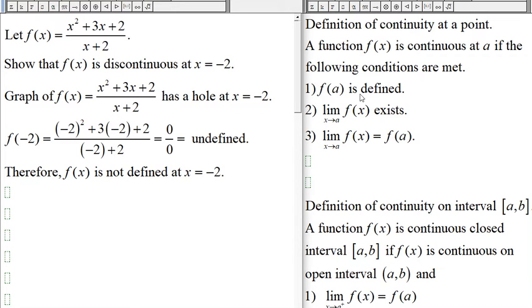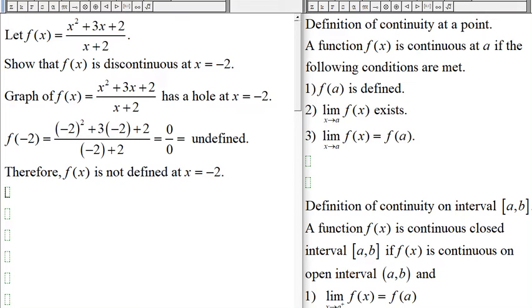And so the first condition here fails. And in order for a function to be continuous at a, or in this case a is negative 2, we have to meet all three conditions. And already the first condition fails.